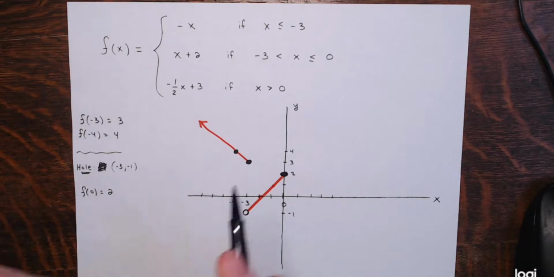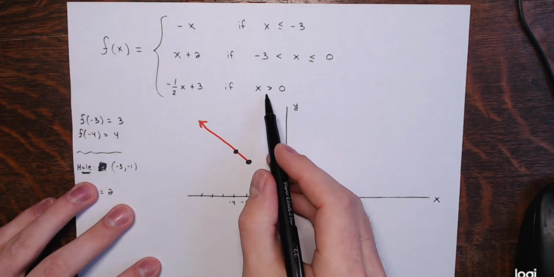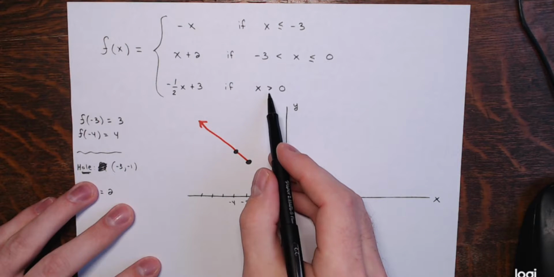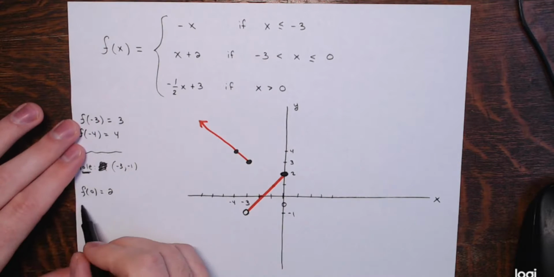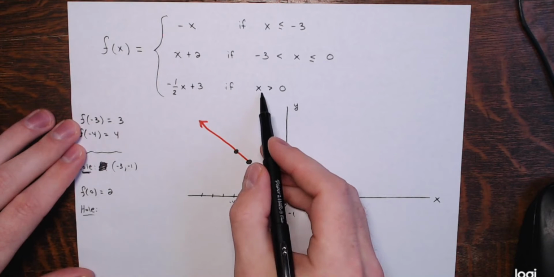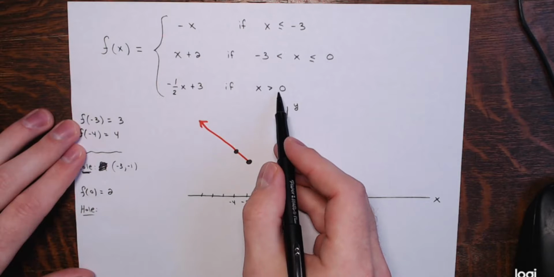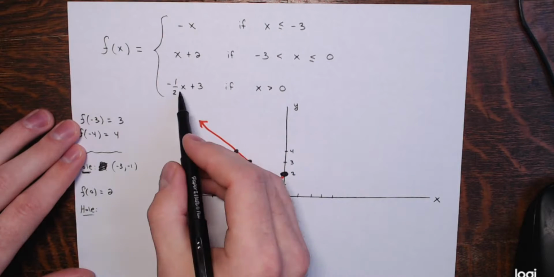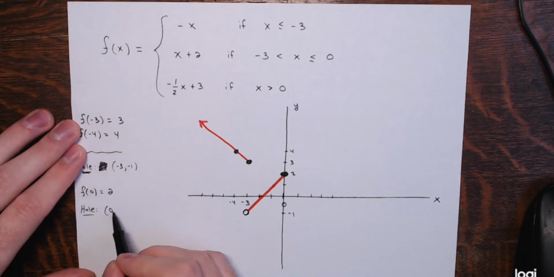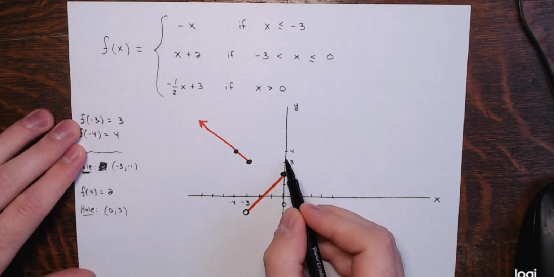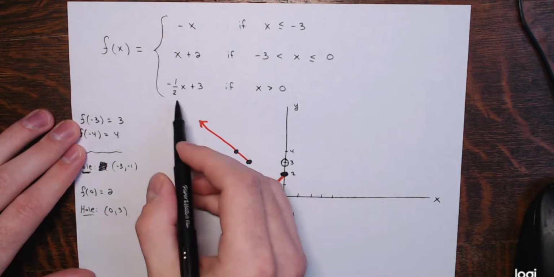All right, then to the right of 0, again, just to say where the piece starts, I'll plug 0 in, and there's going to be another hole, another open point, because this is for x values greater than 0, not equal to 0. But just to see where the piece starts, I'm going to plug 0 in, and you get 3. 0, 3. So 0, 3, there's going to be a hole, an open point, and that's where this third piece of the graph will start.